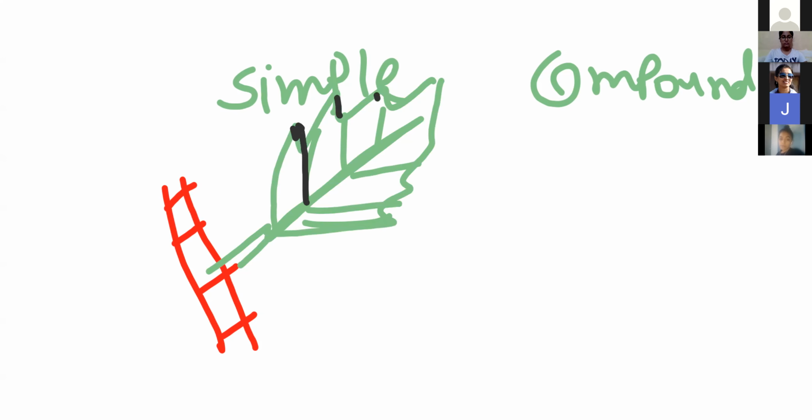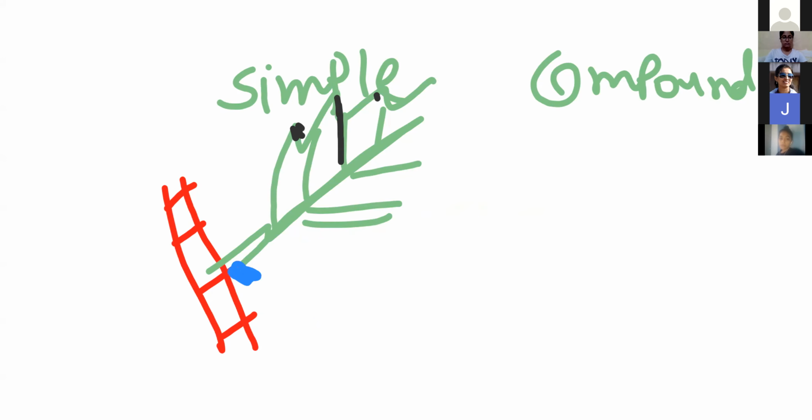They never reach to the midrib. Just surface level, this type of cuttings, incisions are there. They never reach to the midrib, remember. So this type of leaf we call simple leaf. And in a simple leaf, always in their axil, a bud is present, and that we call axillary. This is the simple leaf, right?